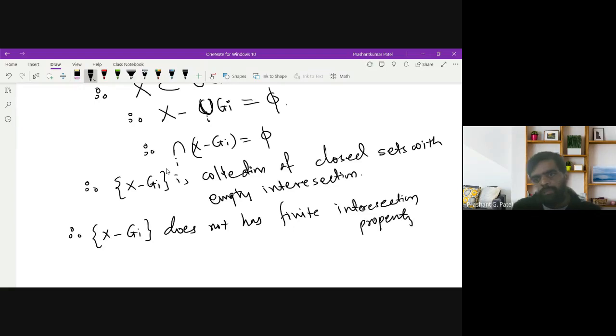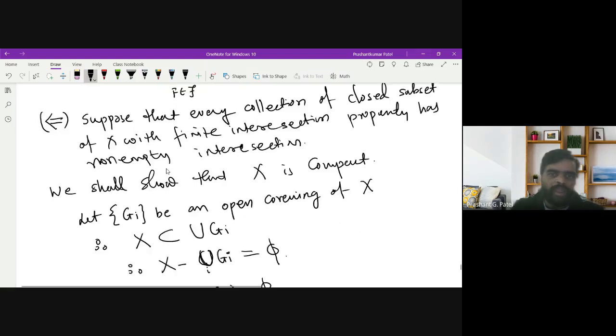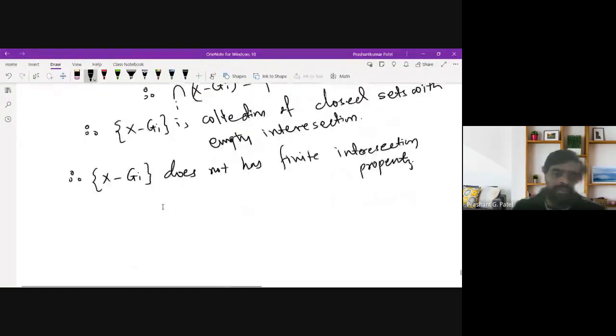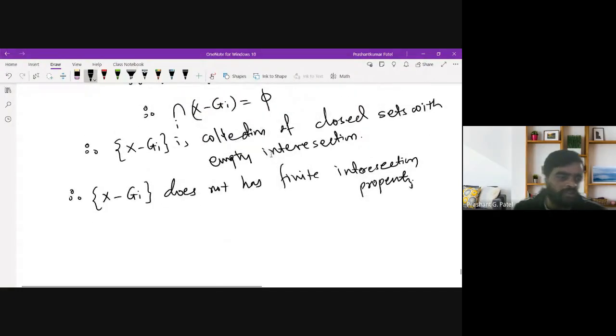Because our hypothesis says that every collection of closed sets with the finite intersection property has non-empty intersection. Here, this family has empty intersection. That means it does not have the finite intersection property.